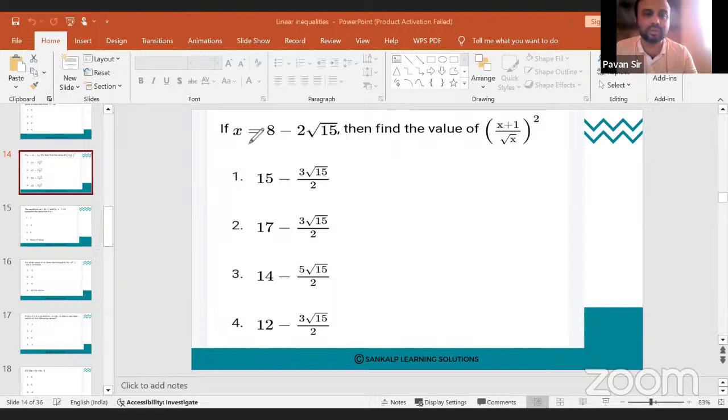It is given that x is equal to this. The only hint is here.